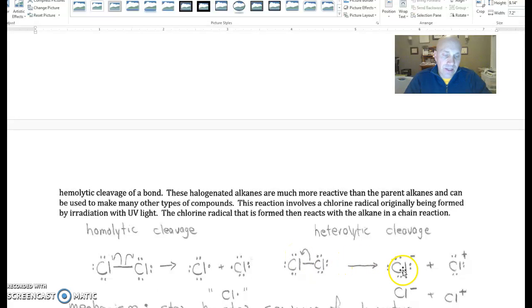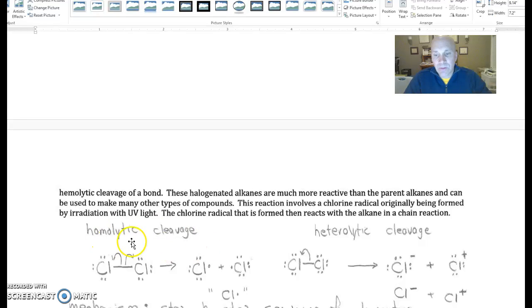That creates 8 electrons, or 4 pairs of electrons, around this chlorine, and 3 pairs around this one, because the electrons that were being shared are now on this chlorine. That's what's called heterolytic cleavage. Heterolytic cleavage is when the electrons move as a pair. You've got a pair of electrons, and they both go to this one, so the other one doesn't have any of that pair anymore.